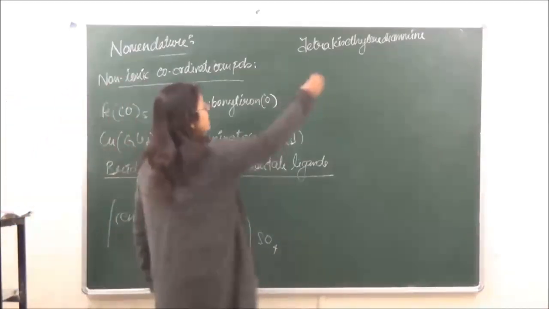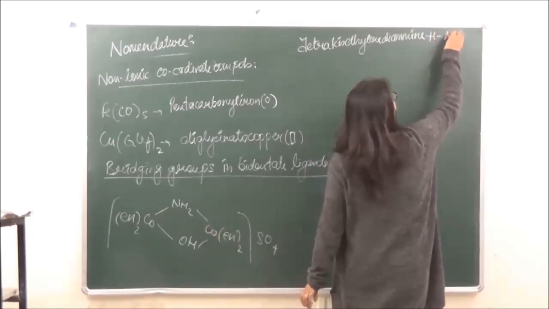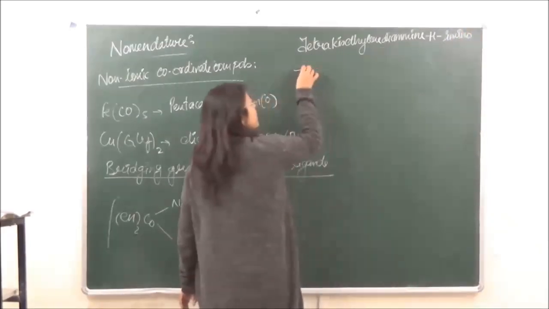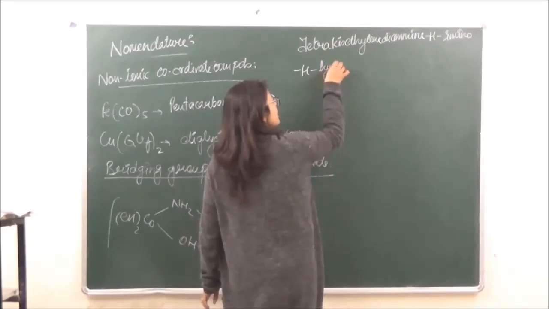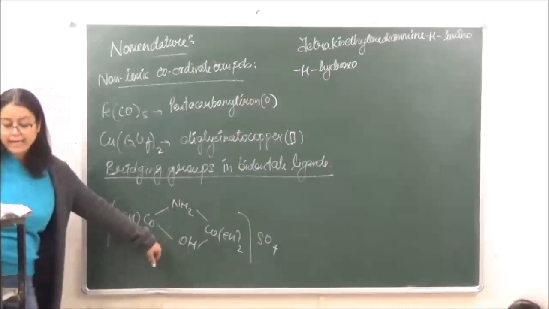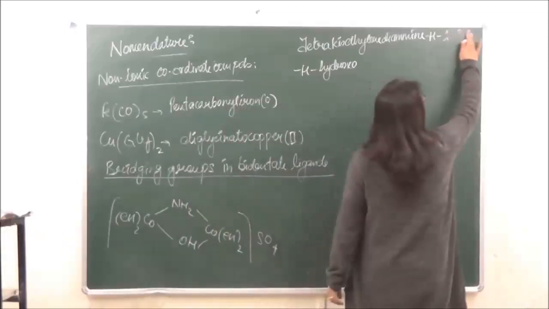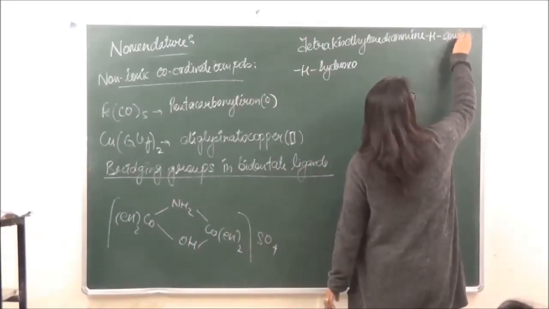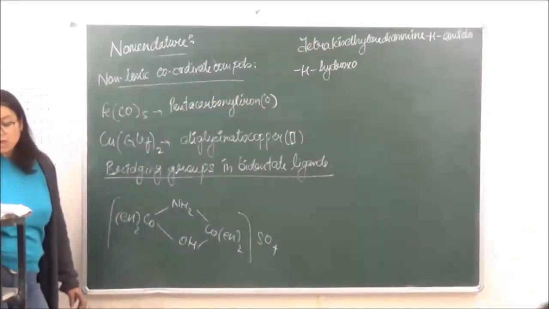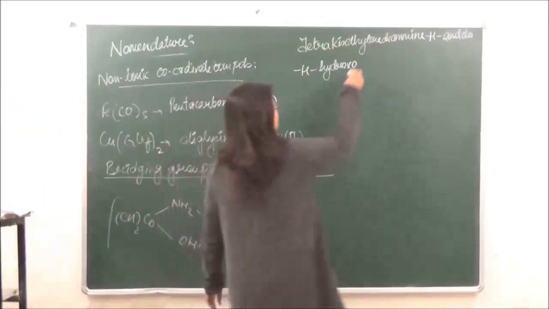So we are going to get amine hyphen mu hyphen imino, then again hyphen mu hyphen hydroxo, mu and again mu. It is not amino, it is amido, NH2, right? So this is going to be amido. This is amido, mu, hydroxo, and after that we have dicobalt because there are two cobalt which are present.